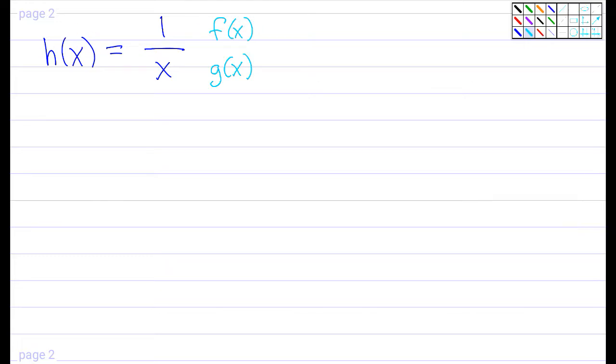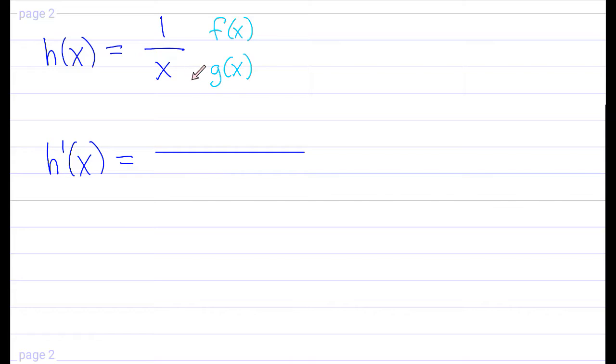Okay, so I didn't want to have an f of x here and an f of x here. Well, let's go ahead and use our quotient rule. h prime of x is going to be, so as usual, I draw a nice big fraction. What goes in the bottom of the fraction? Just this denominator squared. Well, that's just x squared. The numerator starts with that same function, x, times the derivative of f.